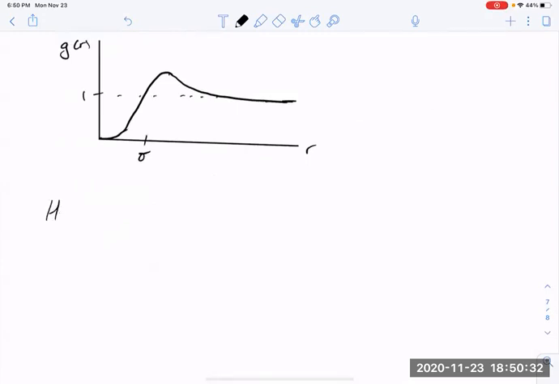All right, now we've gotten some intuition for what these G of R's look like. Let's take a leap and imagine what it might look like for a liquid. For something, again, simple and structureless.